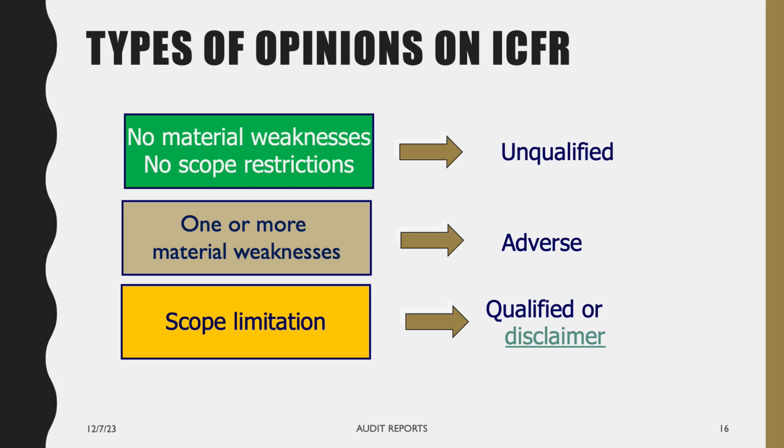For example, an adverse opinion on the internal controls over financial reporting indicates that the auditor has identified one or more material weaknesses in the company's internal control system. Material weaknesses in internal control increase the risk of material misstatements in the financial statements.